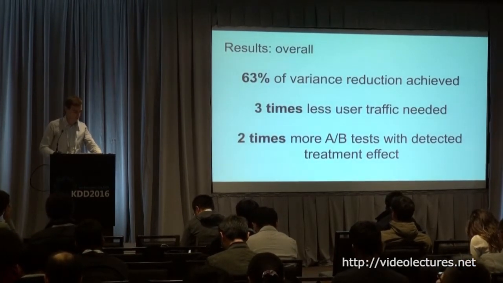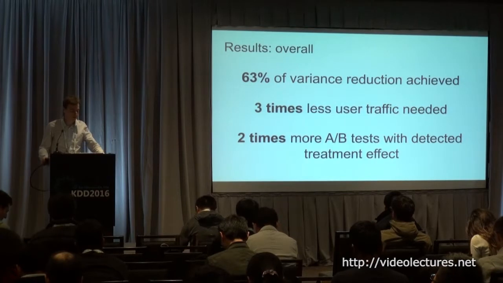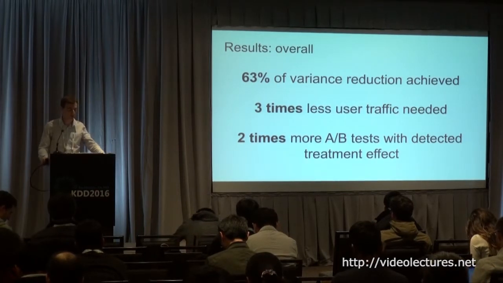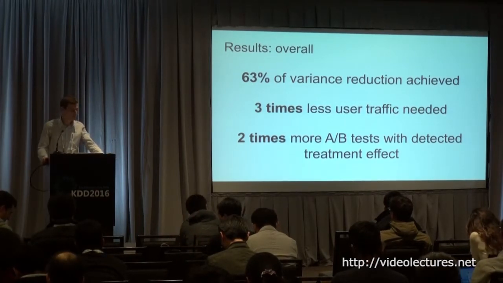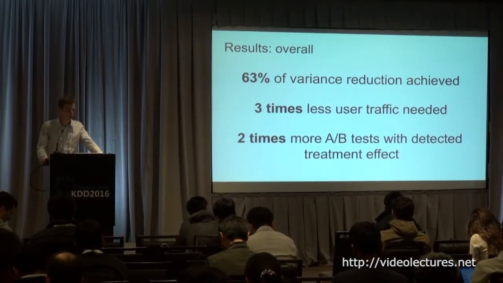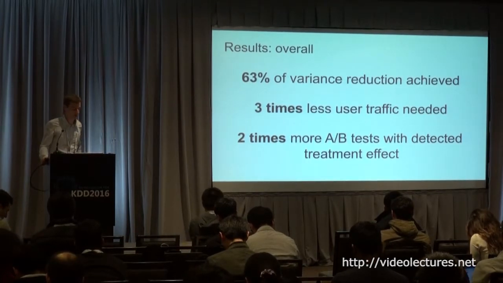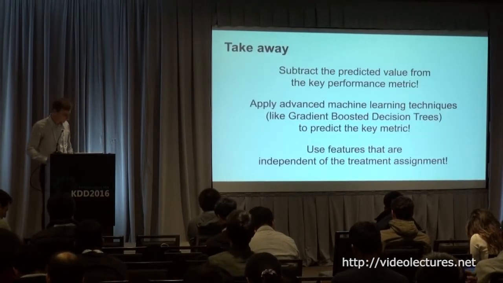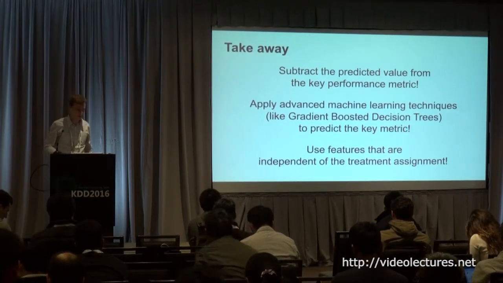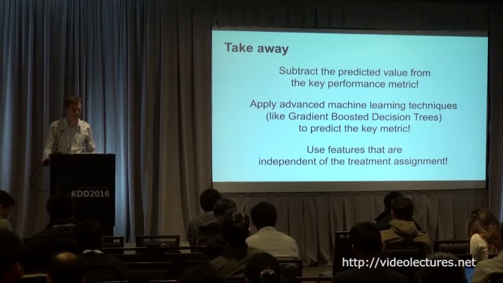So overall, we get the following results for the state-of-the-art sessions per user metric. 63% of variance reduction achieved, 3 times less user traffic needed, and 2 times more A/B tests with detected treatment effect. And you could take away the following key points.